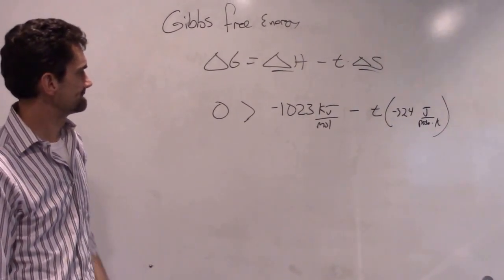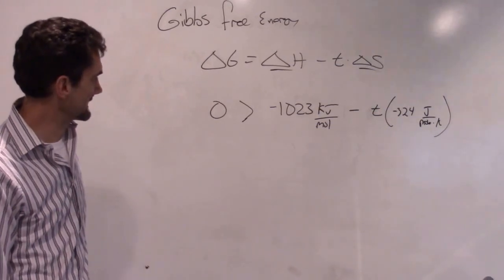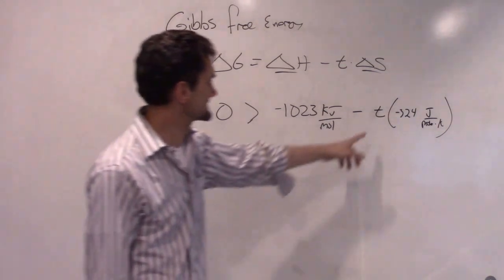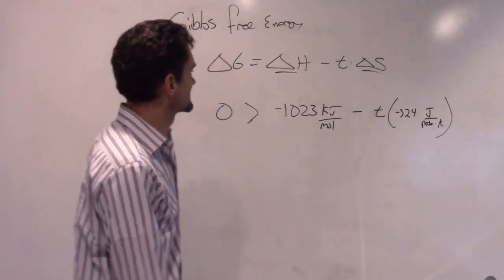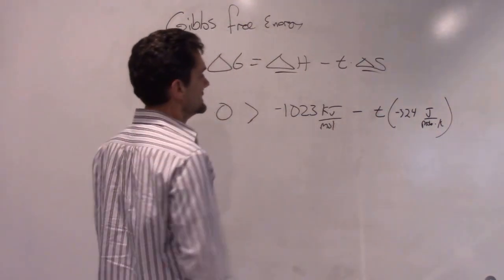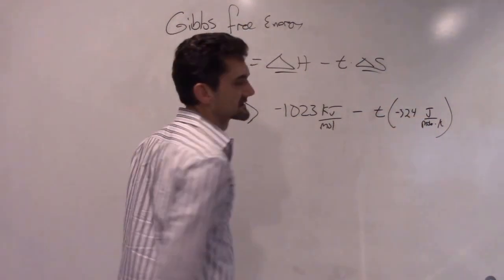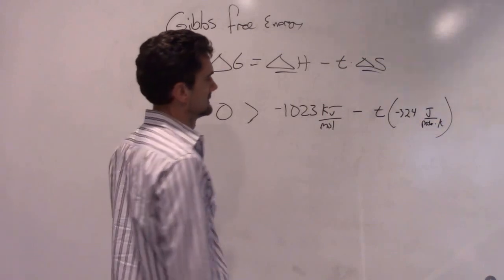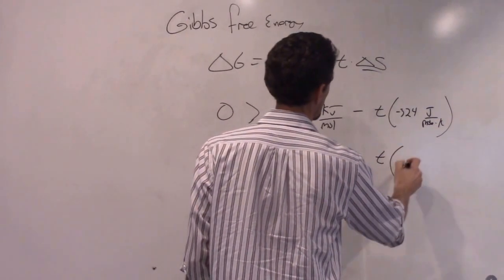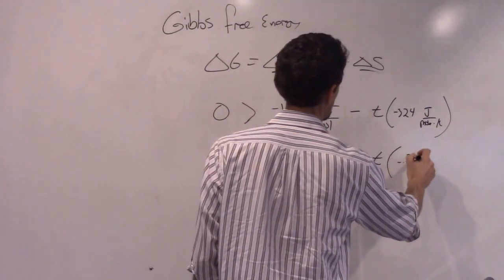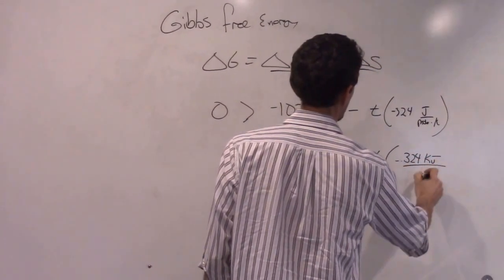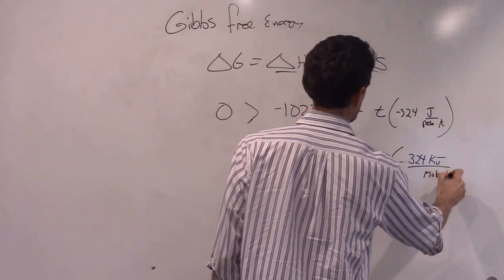Now, this is where some of you don't have the math yet. We've got to get T all by itself. First of all, we've got joules over here and kilojoules over here, so we need to convert joules into kilojoules. So T times negative 0.324 kilojoules per mole degree Kelvin.